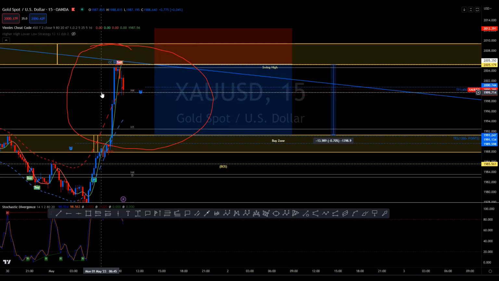It looks like it's trying to drop. I just need to close it next time, instead of trying to trade it.